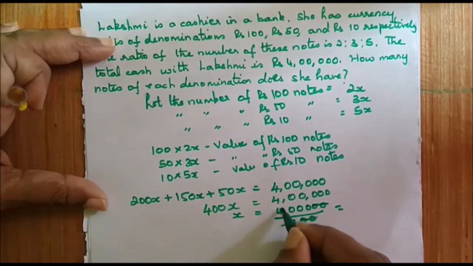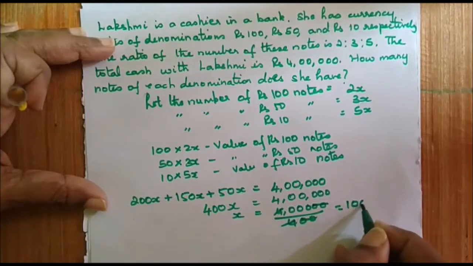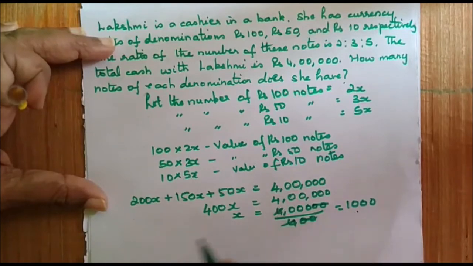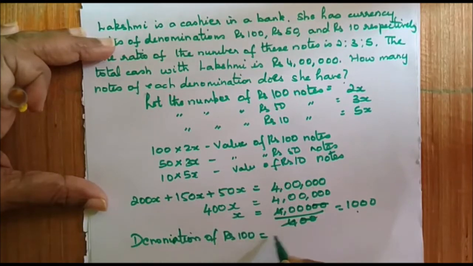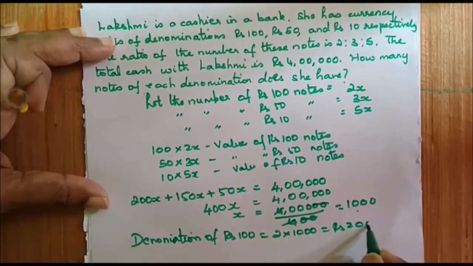I get 1000. So when x is equals to 1000, what is the denomination of how many notes of each denomination? Okay, so denomination of rupees 100 notes is equals to 2 into 1000, which is equals to rupees 2000.